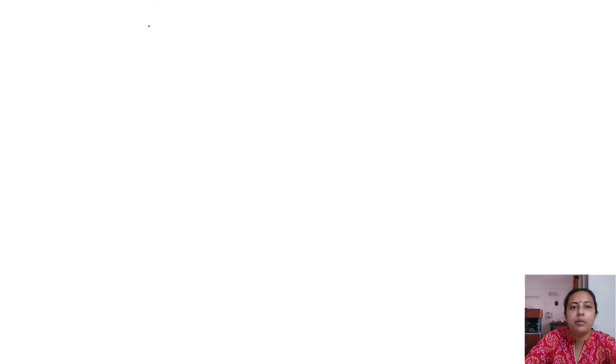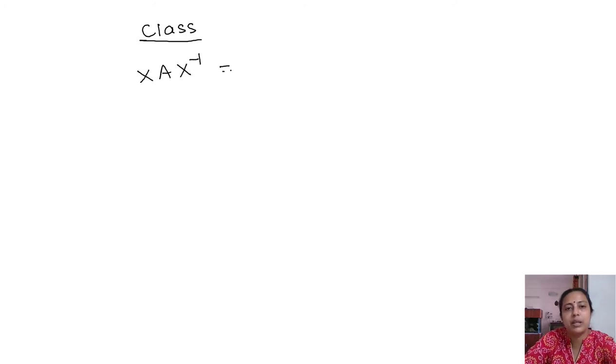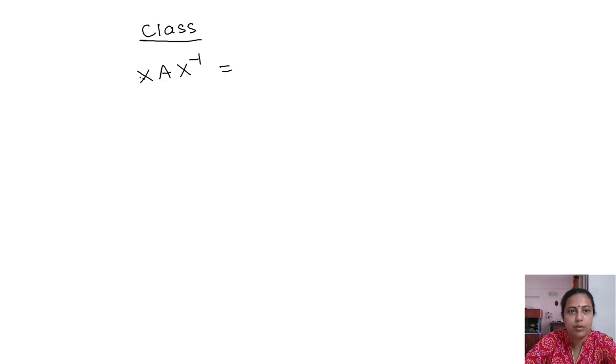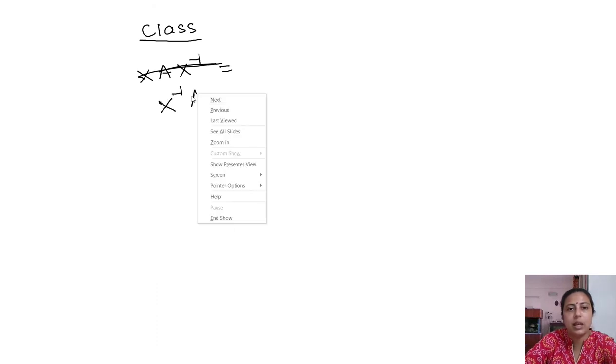Here only, let me explain the definition of class. Class means that if there are two symmetry elements, actually I've written it wrong, it should be X inverse AX.